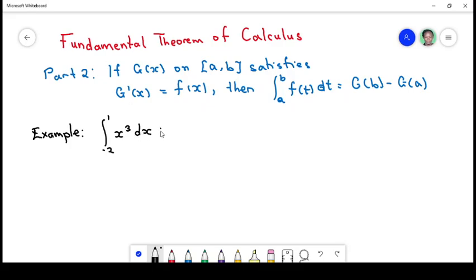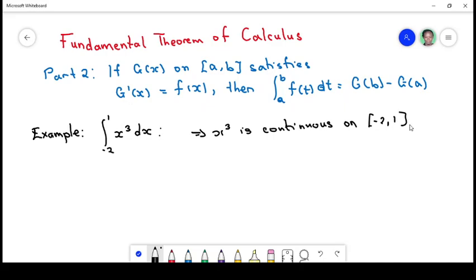We want to evaluate this using the definition above. So you realize that our x cubed here is continuous on the interval. What is the interval? From -2 to 1.